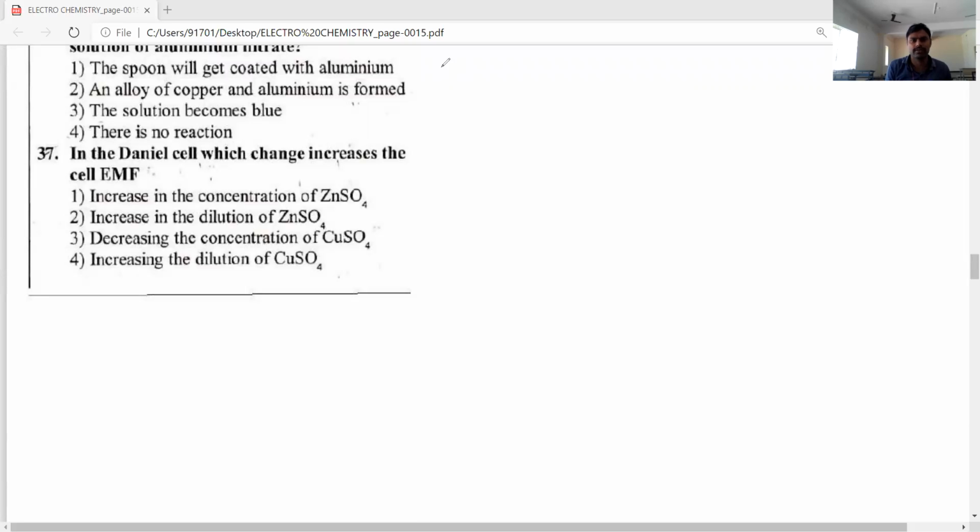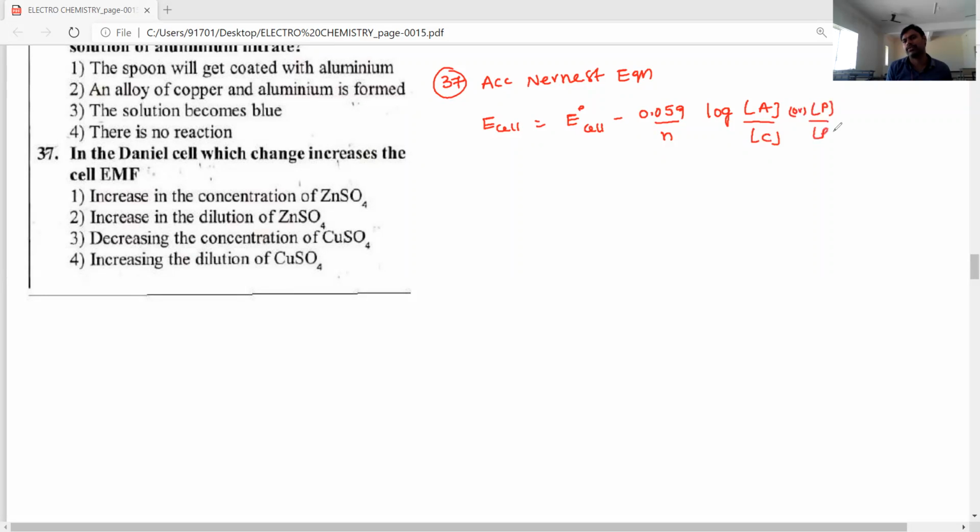Daniell cell, the electromotive force of the cell. You know the Nernst equation. According to the Nernst equation, E cell is equal to E0 cell minus 0.059 by n into log of concentration of product by concentration of reactants, that is, concentration of anode by concentration of cathode.